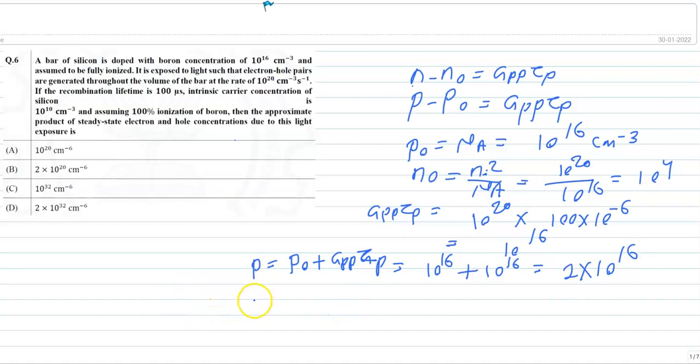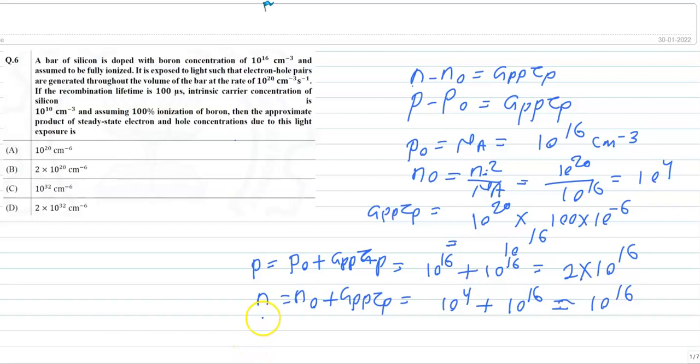Now come to n. n is equal to n naught plus G_P tau_p. So your n naught we have just now calculated as 10 to the power 4, plus 10 to the power 16, which is the same as 10 to the power 16, because 10 to the power 4 is a very small number compared to 10 to the power 16.